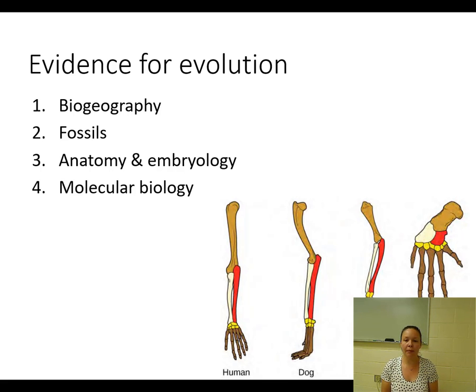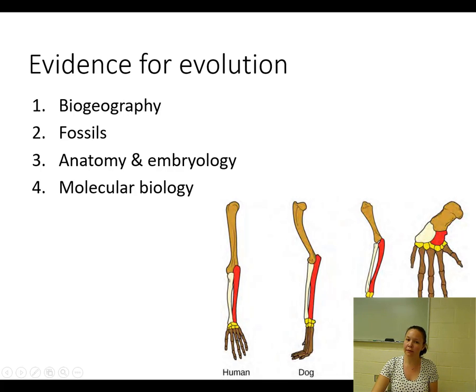Anatomy and embryology is sort of shown here in this picture. So anatomy and embryology, and specifically comparative anatomy and embryology, tells you that if you look at a human's arm, if you look at a dog's leg, if you look at a bird's wing, and if you look at a whale's fin, they all do something a little bit different. So they function a little bit differently, but they're all really quite similar.